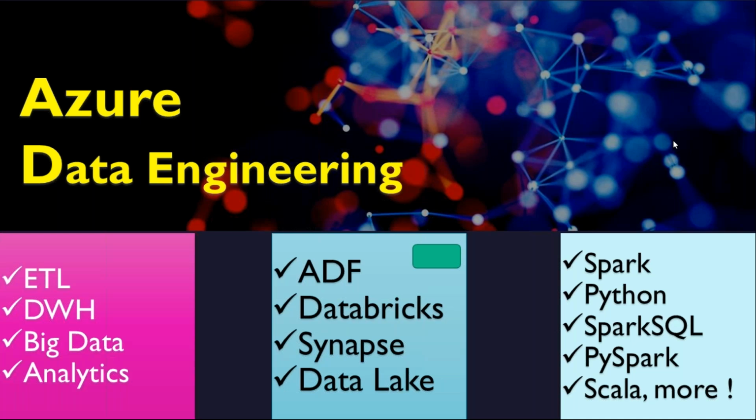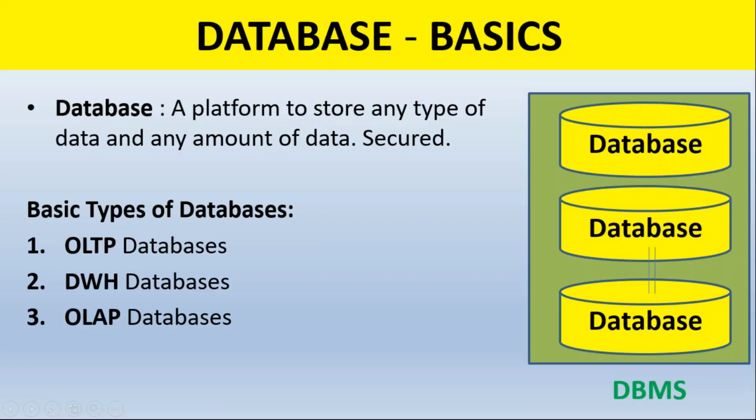Let's understand more about this particular data engineering. To start with, let's have a look at the database basics. Database, a platform to store any type of data, any amount of data, fully secured, neatly organized.